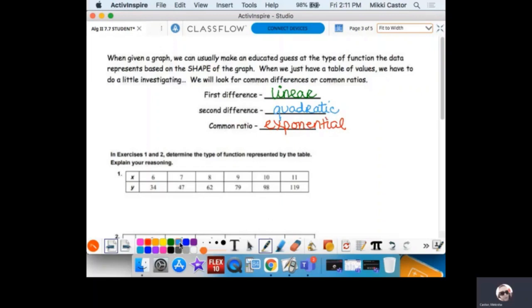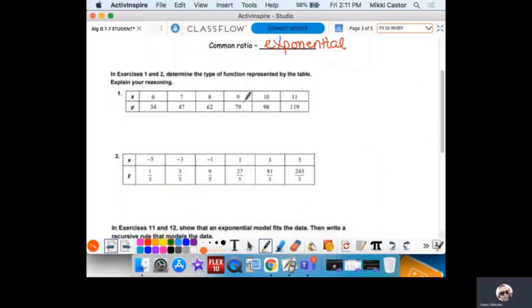So let's talk about how we would figure each one of those out. If you'll come down here on number 1 and 2, it says determine the type of function. Again, our only options are linear, quadratic, or exponential. The first thing you look at is, do the x values go up by the same amount each time? 6 to 7 to 8 to 9, yes. Then we take a look at our y values. From 34 to 47, what's that difference? 13.